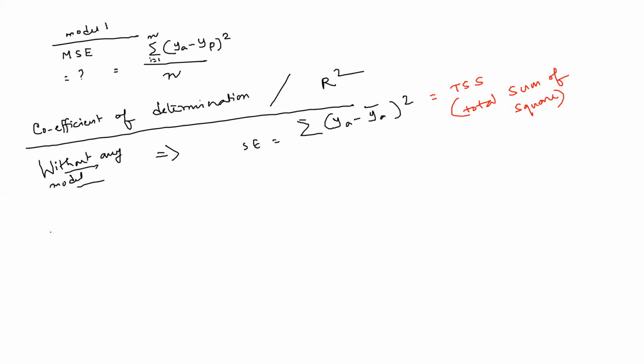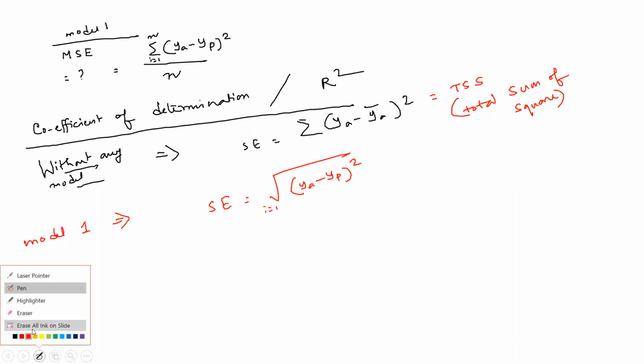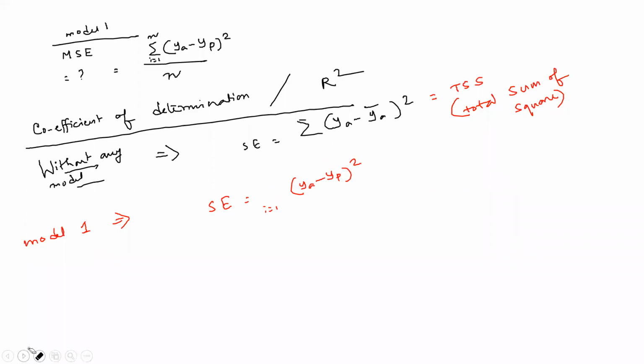Now, when you have done a regression, which is your model 1, the sum of squares is y actual minus y predicted, squared. Not square root, I'm sorry. We call it the residual sum of squares. Remember in ANOVA we were talking about residual.